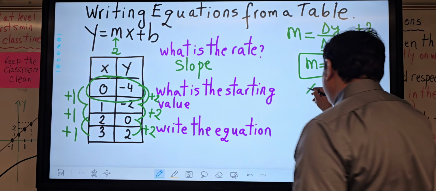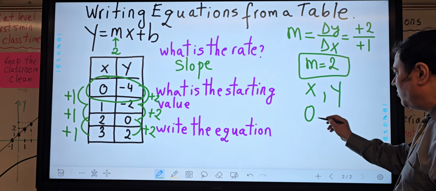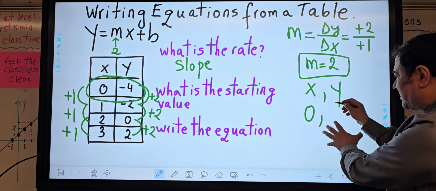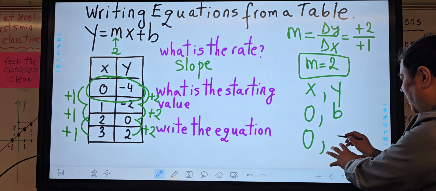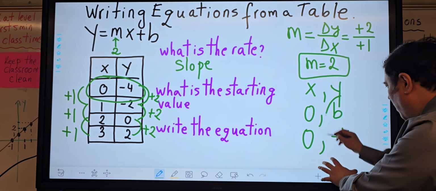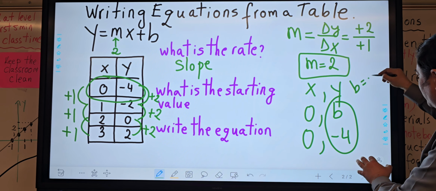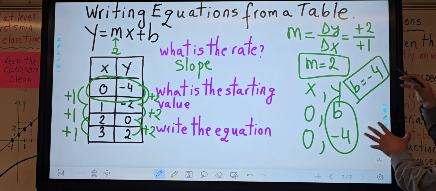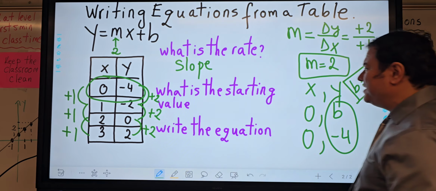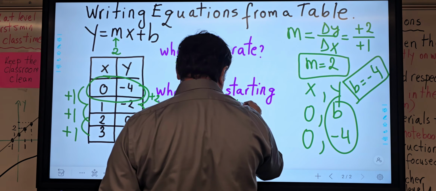When x equals 0, y is -4, and that's going to be our b. So our b is -4. b equals -4. That's our starting point where the line crosses the y-axis.